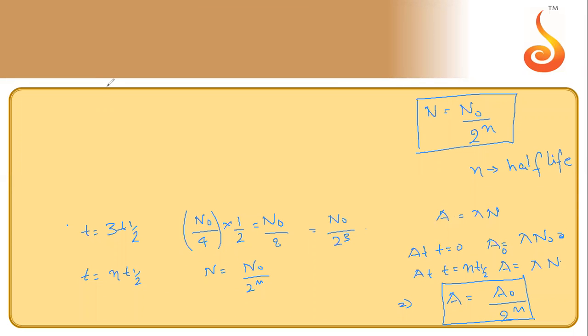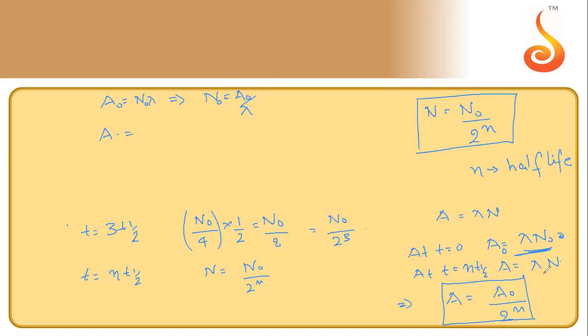We have this one, A equals N lambda, or you can say N equals A by lambda. When the time is n half lives, A naught was equal to lambda N naught, this expression.